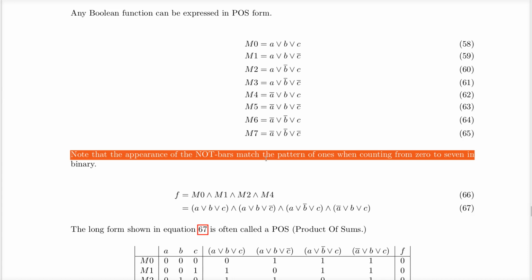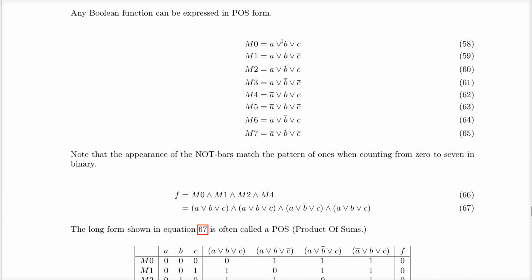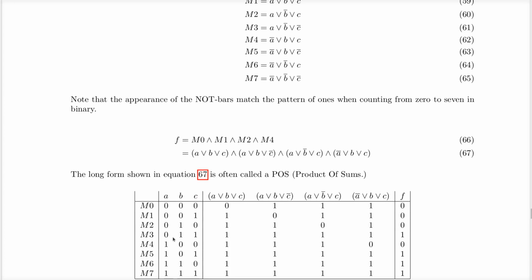Note the not bars. Again, look at what's going on. Like when you count in binary, you got 000, 001, 010, 011, and so on. Now the not bars occur if you're going to count in binary from 0 upward to the maximum value. The not bars come in the positions where the zeros are in this truth table down here.